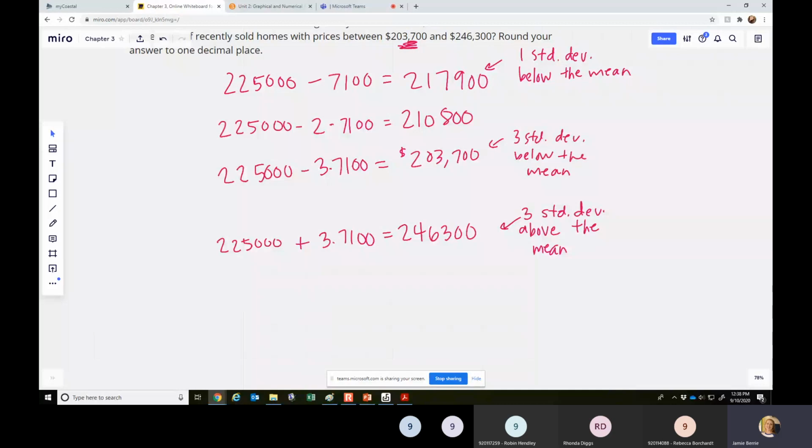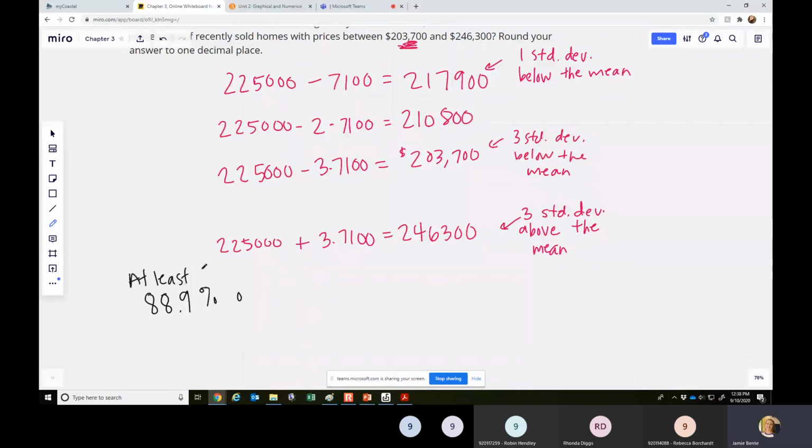All right, so let's write that little sentence here. Chebyshev's theorem said that if K equals 3, so if your standard deviations equal 3, then that's 88.9%. Once again, I forgot the at least. Put that in there.